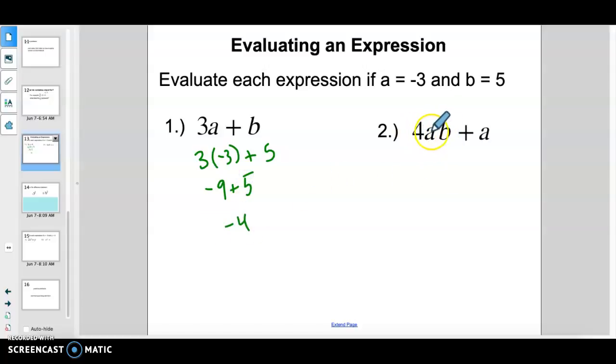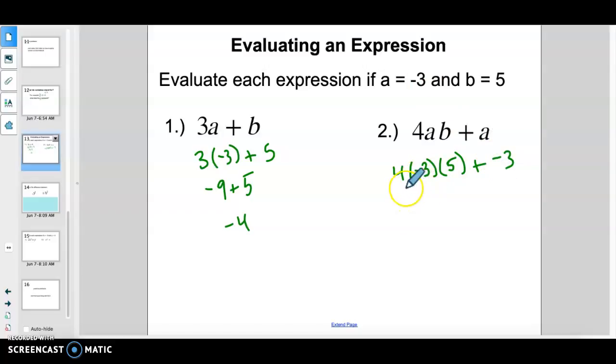Here I've got 3 different parts touching, but each of these items is going to be multiplied together because they are touching. So I'm going to put each number that I plug in for a variable in parentheses. When you plug in this -3 for a, make sure you keep it as a -3.